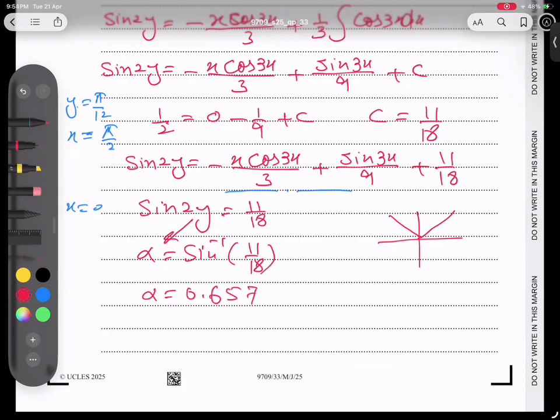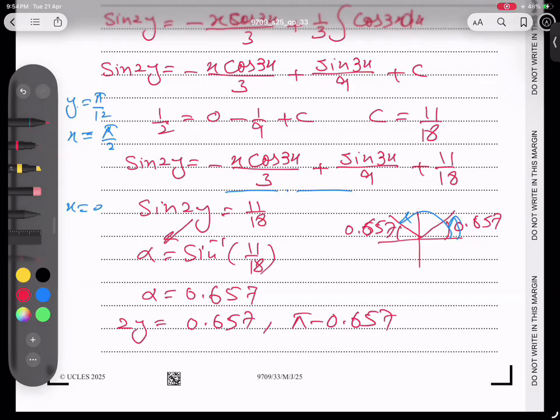Let me check again. 0.657, correct. So my first value is what, students? You can see this one, and the second is pi minus that. So I'm writing 2y equals 0.657, and the second is pi minus 0.657. And I have to divide by 2 also.